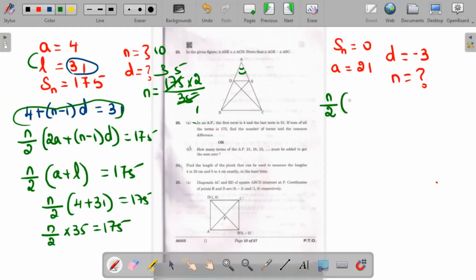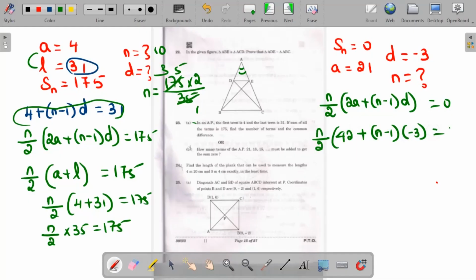n by 2 into (2a plus (n minus 1)d) is equal to 0, which is the Sn formula. So n by 2 into (42 plus (n minus 1) into minus 3) is equal to 0. I'm going to take the 0 to the other side. So it is n into (42 minus 3n plus 3) is equal to 0.